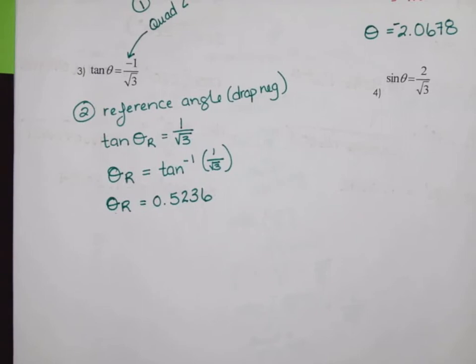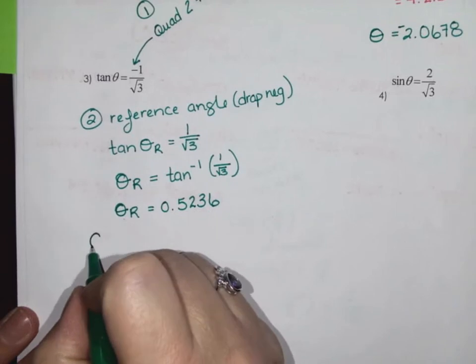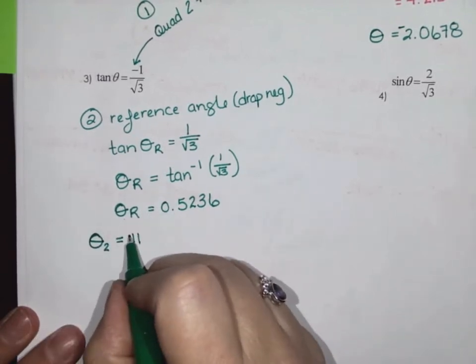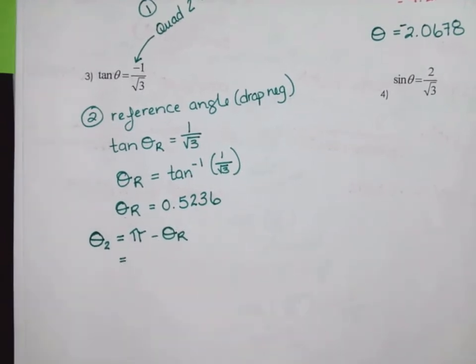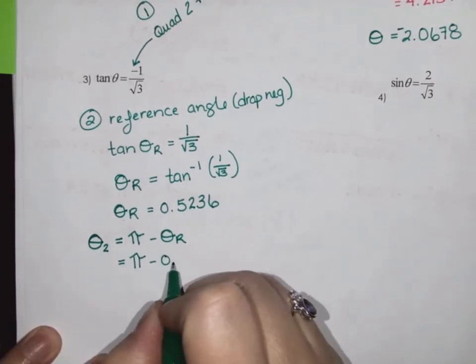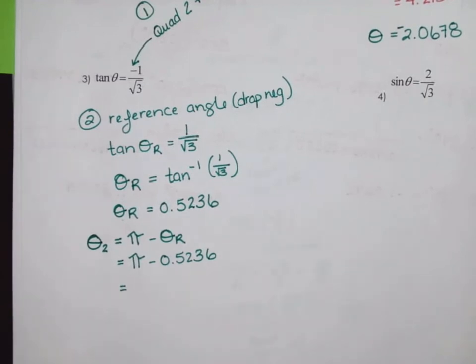Okay, did you guys go on and solve for the other? Perfect. What's the rule for quadrant 2? Pi minus theta. So when you say rule, it's like the equation. Yeah, sorry. And you guys are using the pi button in your calculator?